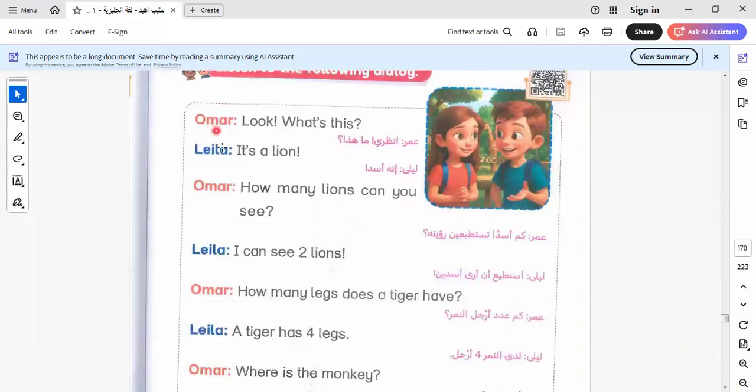This dialogue is between Omar and Layla. Omar asks Layla, look, what is this? So here we have an animal, and Omar doesn't know that animal, so Omar asks Layla about it. We say look, so we make Layla pay attention to him.